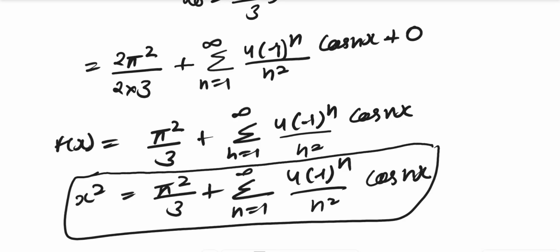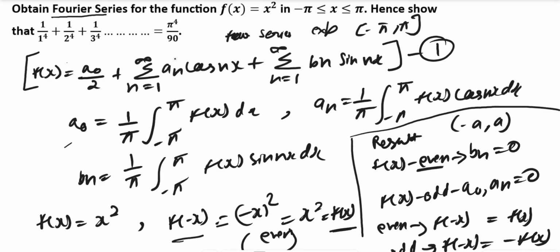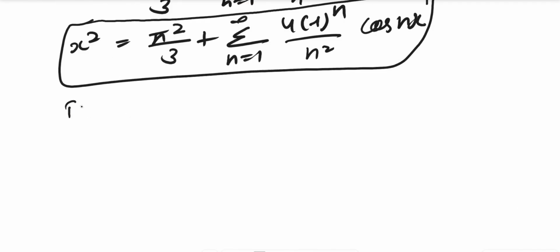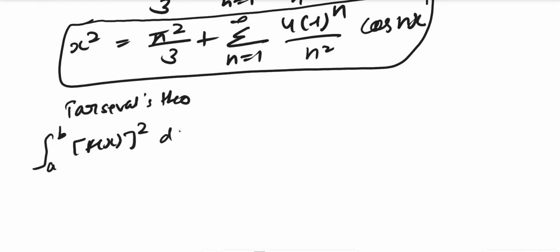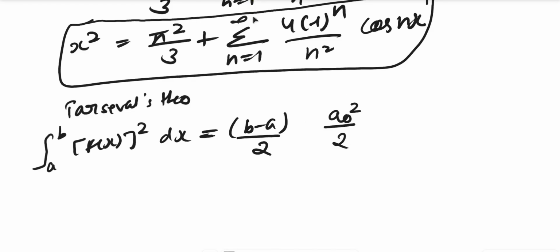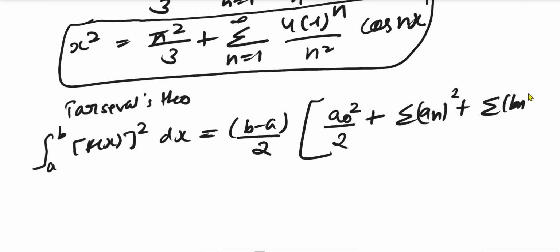Further, we are asked to find the sum series. We need to form this sum series, for which we will use Parseval's theorem. And Parseval's theorem is: integration a to b f of x whole square dx is equal to b minus a divided by 2 times, in bracket, a naught square divided by 2 plus summation an square plus summation bn square.